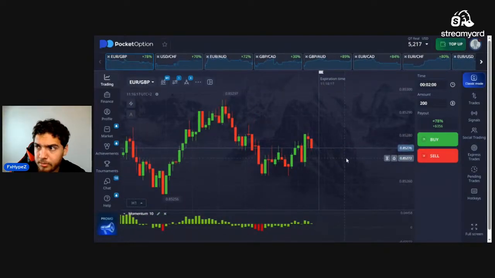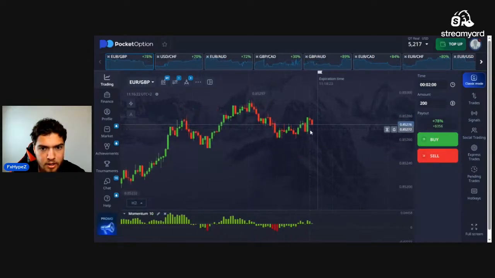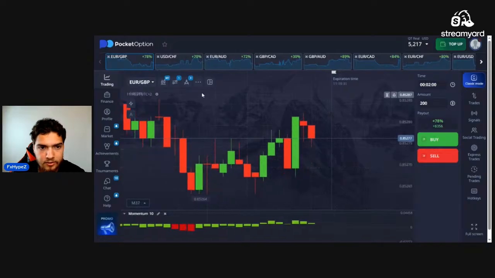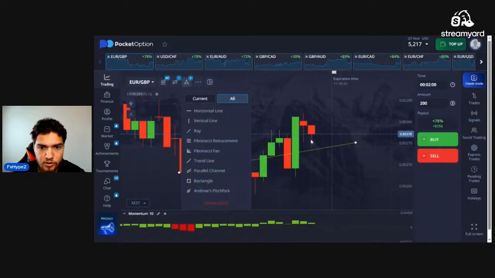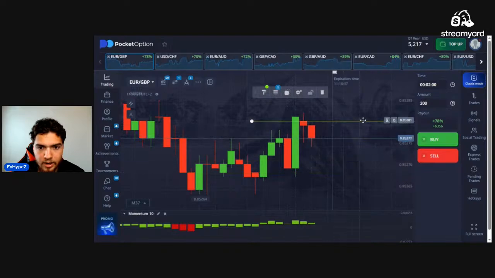Okay, Euro GBP. After this swing to the downside, this little pullback we have here, looks like momentum is shifting back up again. The momentum indicator is also green, showing us that price is bullish. So in this situation, I'm going to mark out this resistance zone, which we have at 0.85281.